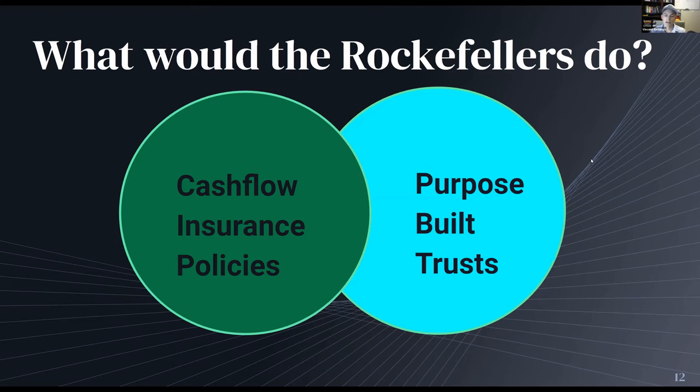And it's every time somebody dies, a typical trust in this country is set up so that the estate is looked at, an attorney or whoever looks at it, and they divide everything up and give it to the kids. The second that division happens, the wealth is gone.